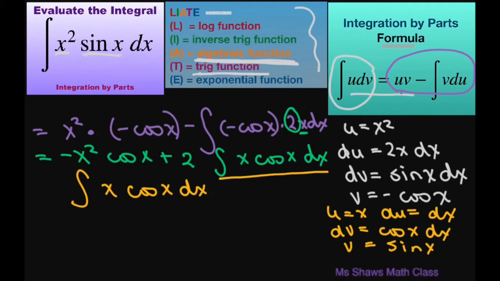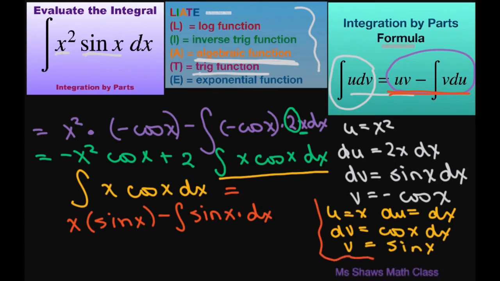All right, now using substitution again, we're going to get this equals x times sine of x minus the integral of sine of x times dx. And that was for this part right in here.